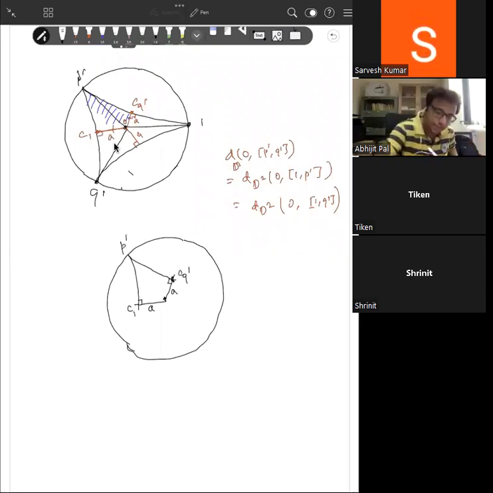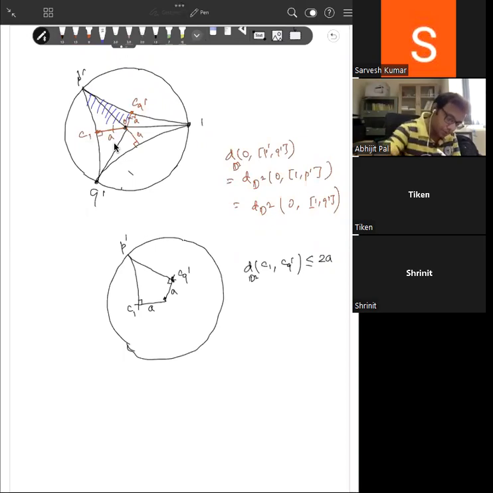So the distance of C1 to CQ prime is at most twice A.